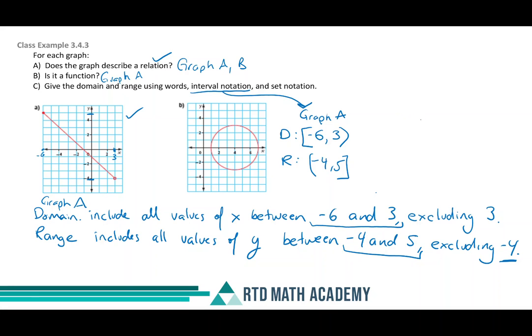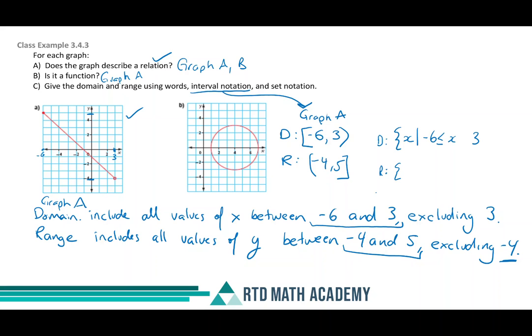If we are going to do this in set notation, we usually have a D in front and an R in front. We say that x such that x is going to go in between the lowest to the highest values, similar to what we had in our interval notation. We're going to use inequality symbols instead. If I have a square bracket, it means it is included.